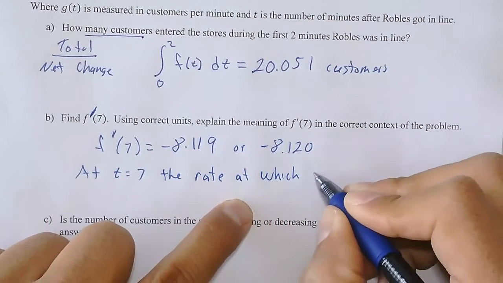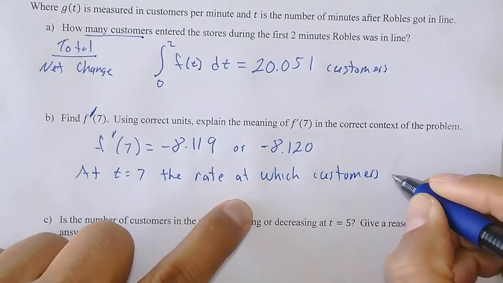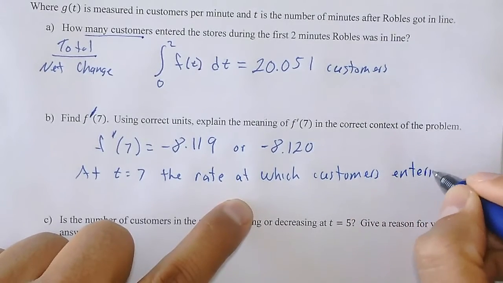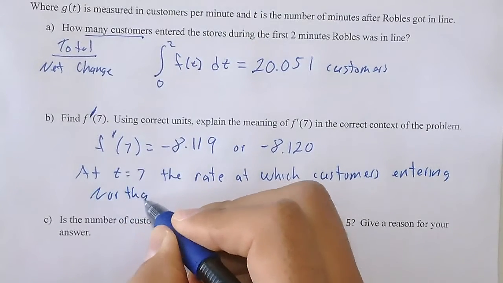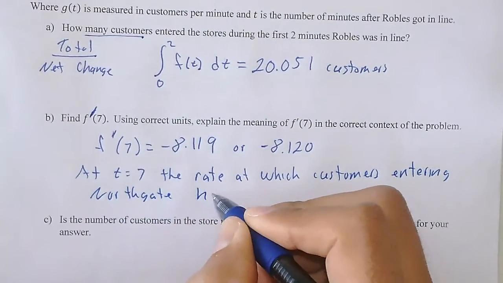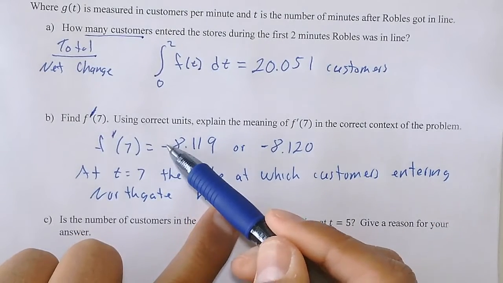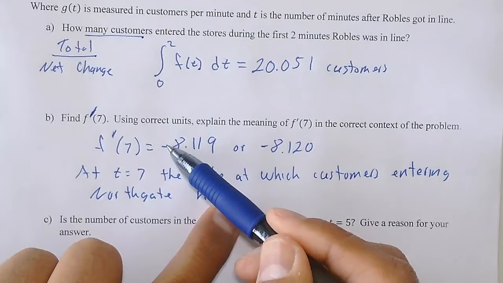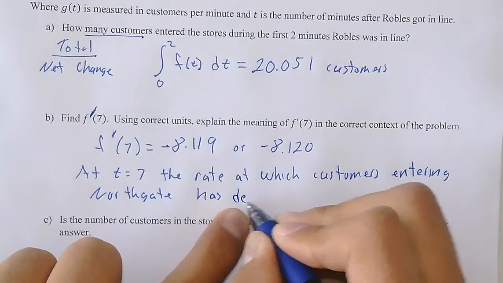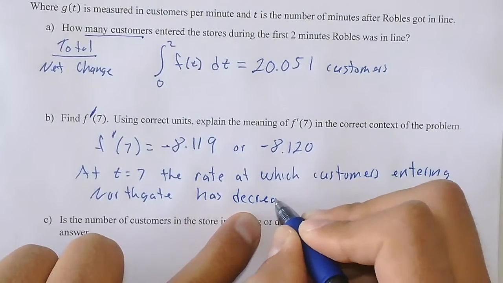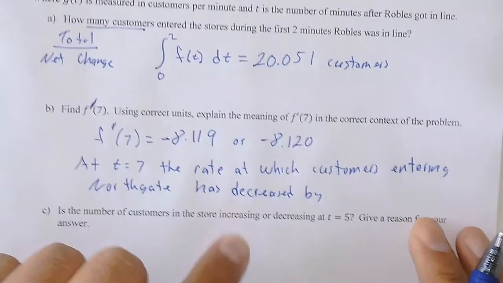Now, the rate is a negative number. The derivative is a negative number. If the derivative is a negative number, that means we're talking this has decreased by 8.120. Now we got to talk about the units, and the units are important. Reading back the problem, that rate that was given of F was customers per minute.